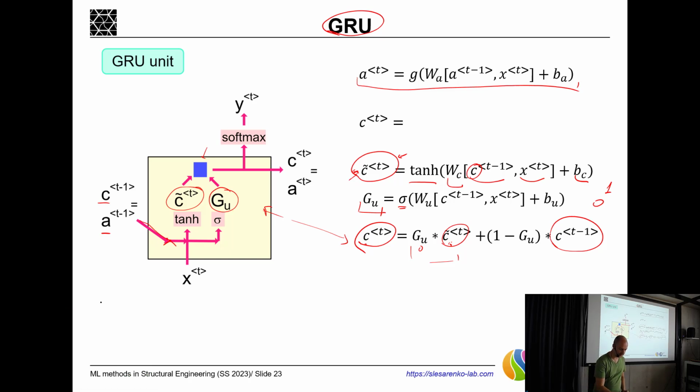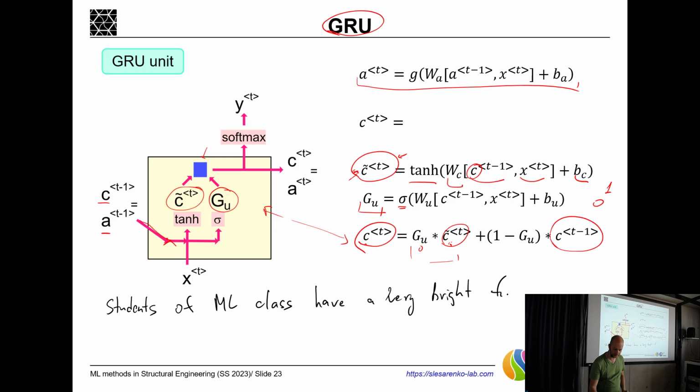It's really hard to understand according to schemes, but let me just give you an example that we already used. So we have our sentence: Students of, I will make it shorter, class have a very bright future. So what is actually happening? We have the first word, students, here. And at this word, students, we will assume that the GU gate will be equal to 1.